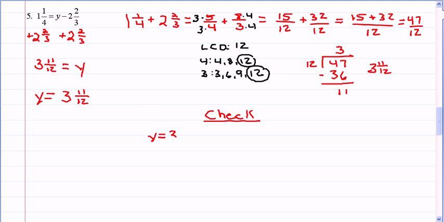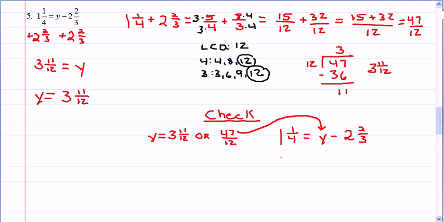So I take y equals 3 and 11/12, which is the same as 47 over 12, and substitute it into the original equation, 1 and 1/4 equals y minus 2 and 2/3, and I'm going to substitute in the 47/12 because to combine fractions, you want to write them as improper fractions.